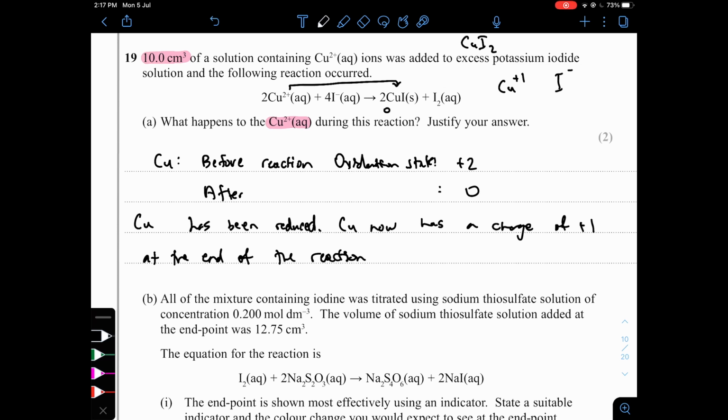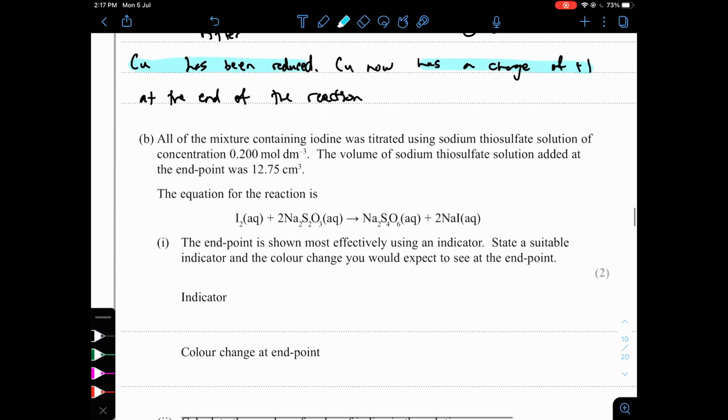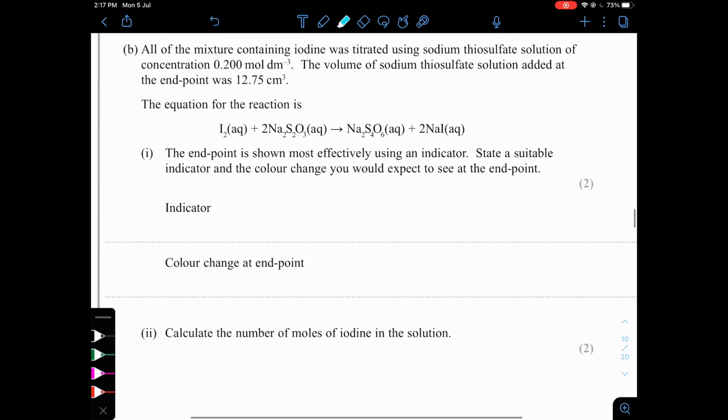So the key thing here was to know that copper has been reduced, from +2 to 0, and that it now has a charge of +1.